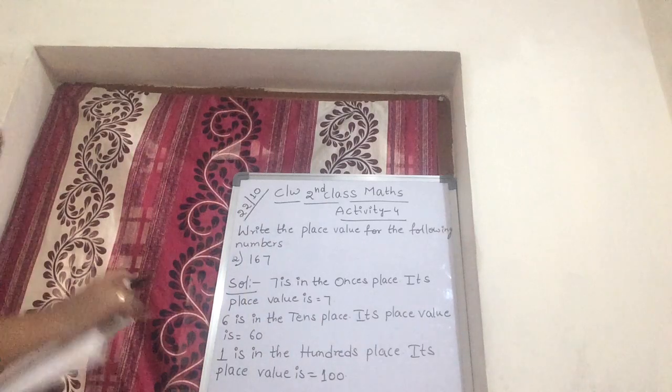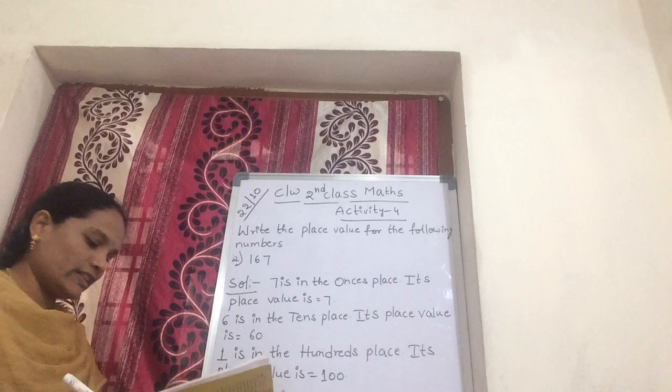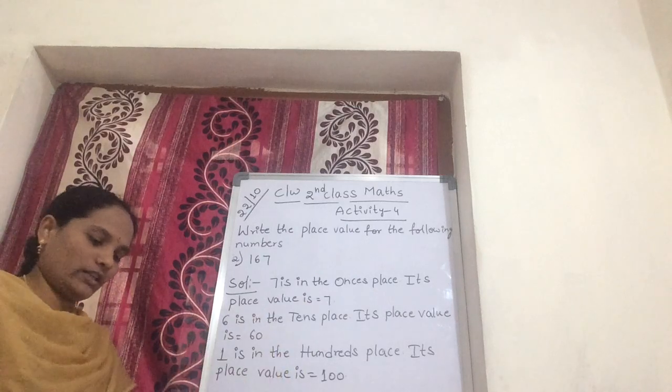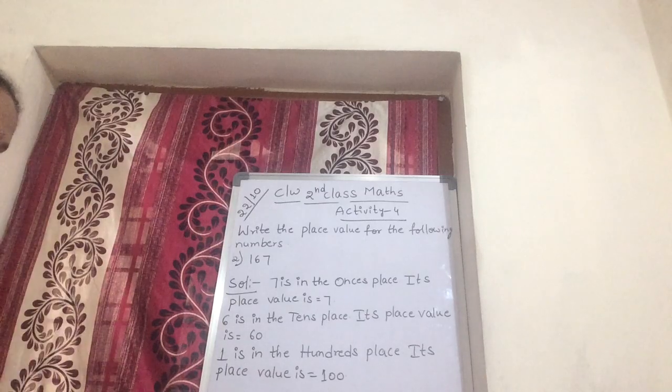Please copy this. Next activity: write the place value for the colored digits. Underline digit. Please copy it. Next one, activity 5.